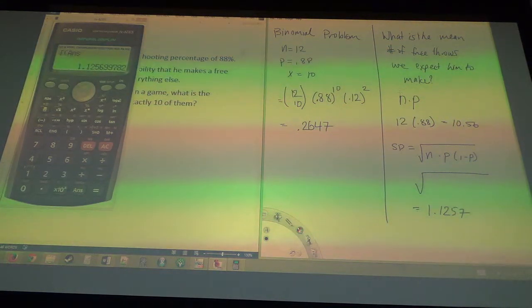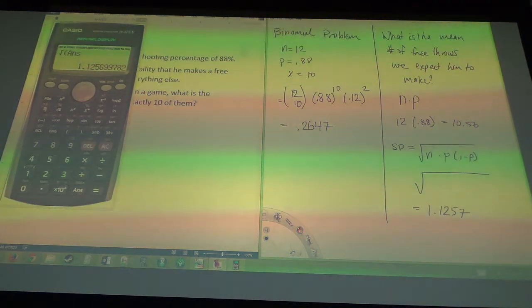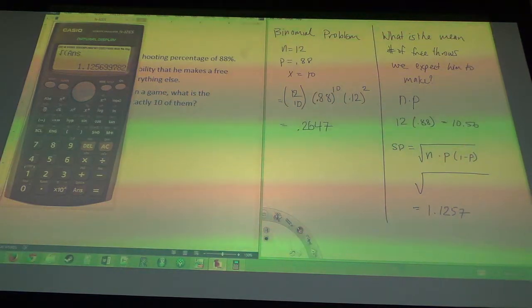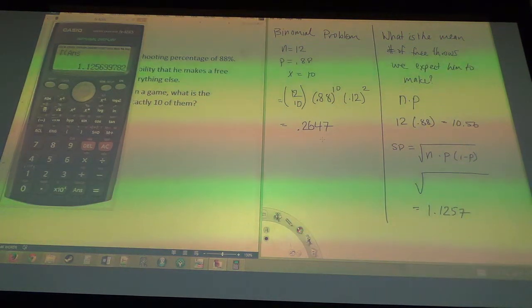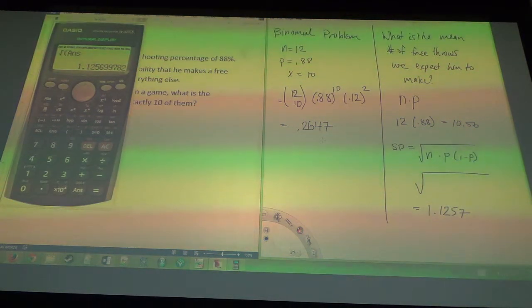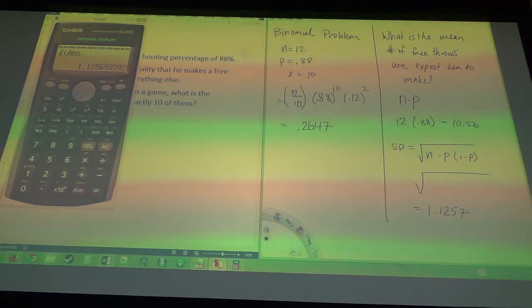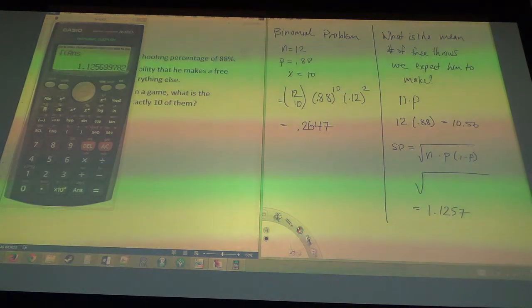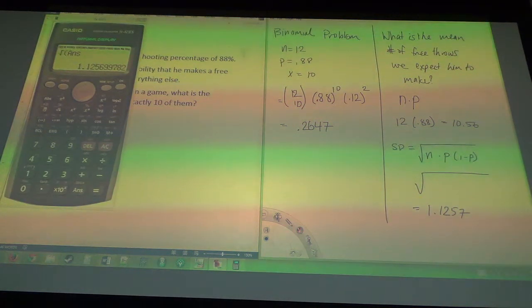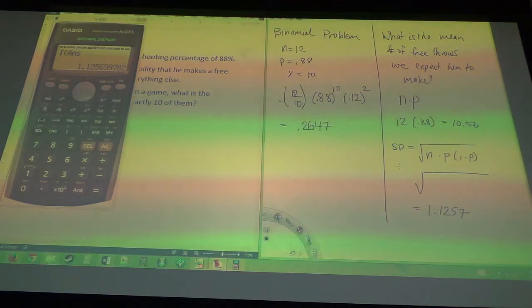Right, so there's no continuity correction or anything like this, because here we are using the binomial distribution. If we were to do a normal approximation to this, which we shouldn't do, we would have to take into account a continuity correction.